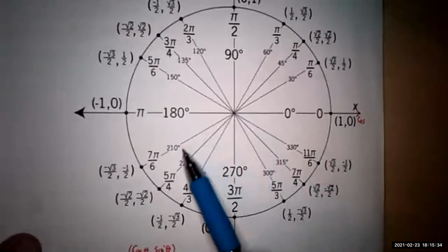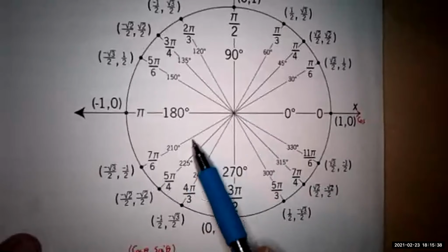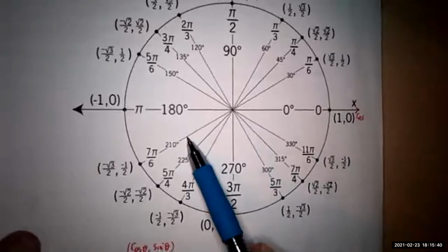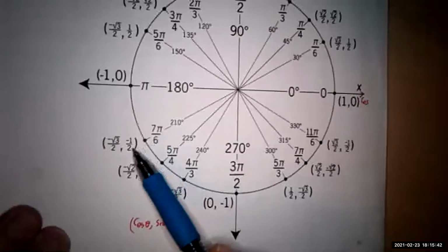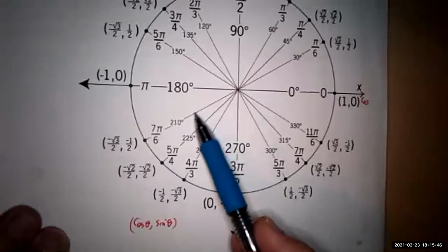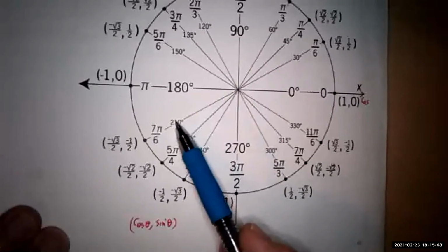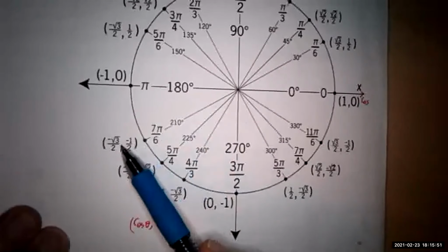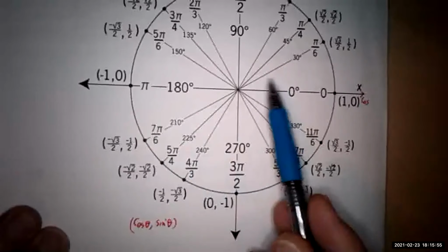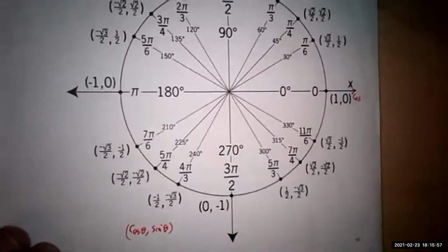So the sine of 210 is negative of the sine of 30 degrees. The sine of 30 degrees is one half, so that would be negative 1/2. The cosine of 210 is negative cosine of 30 degrees. Cosine of 30 degrees is radical 3 over 2, so this is negative radical 3 over 2. You see, very useful idea.